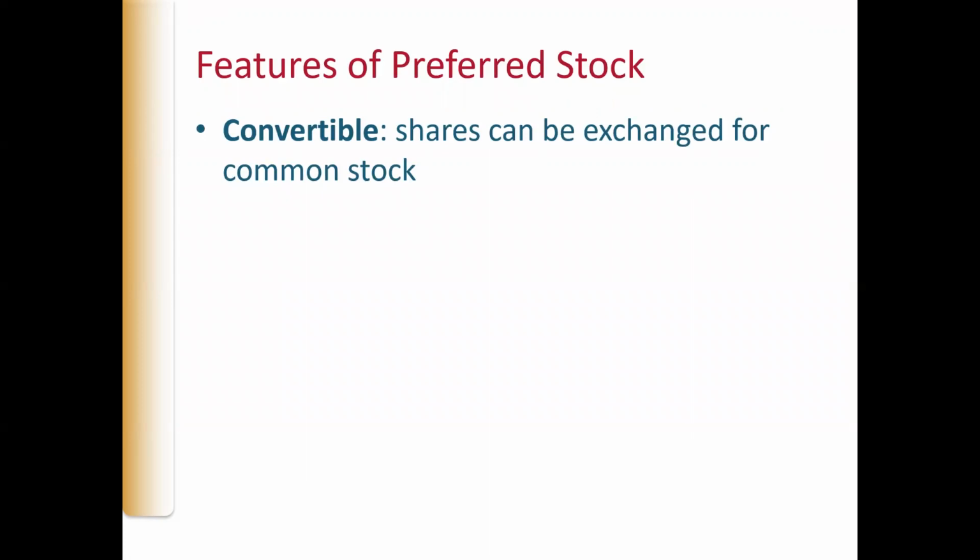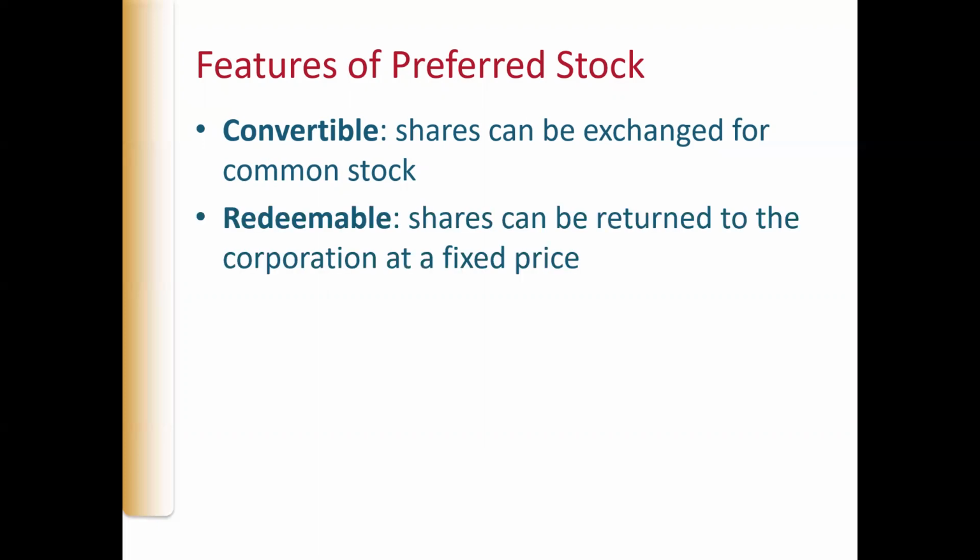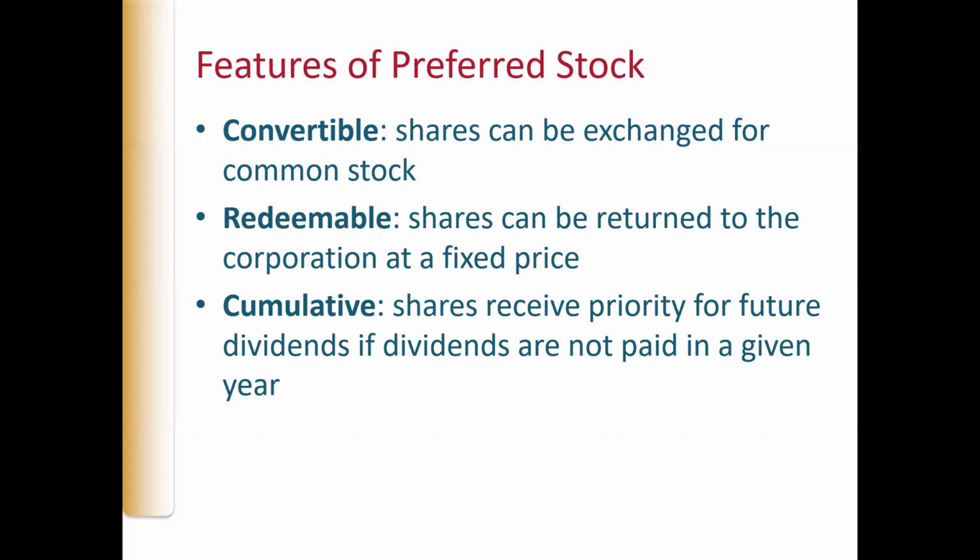So sometimes with preferred stock, they can have convertible shares where they can be converted to common stock or redeemed by the corporation. And this is an interesting feature called cumulative. The cumulative aspect means that if a company doesn't pay dividends in a particular year, then those dividends are accumulated and are allowed to be paid in future years.